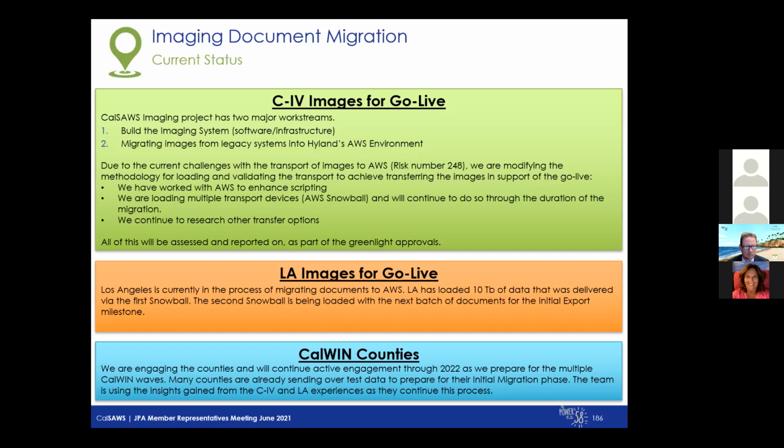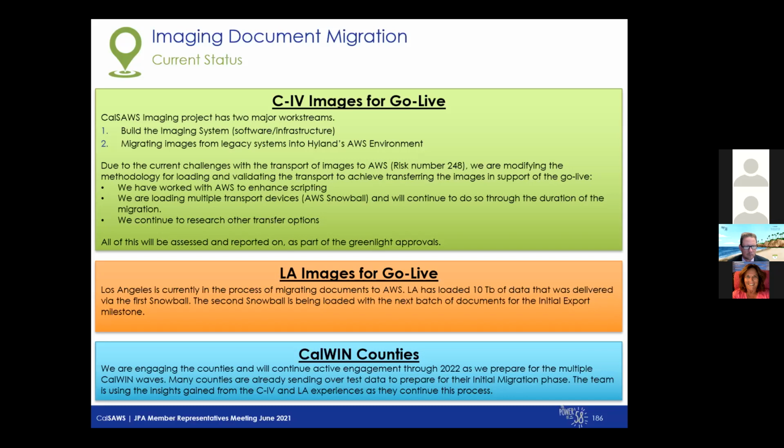Moving on to the Cowan counties, we have been engaging the Cowan counties on a wave basis. So we started with wave 1 and we're working through all of those waves. We meet with the counties regularly, working through all the document migration needs. The best part of this is the lessons learned.